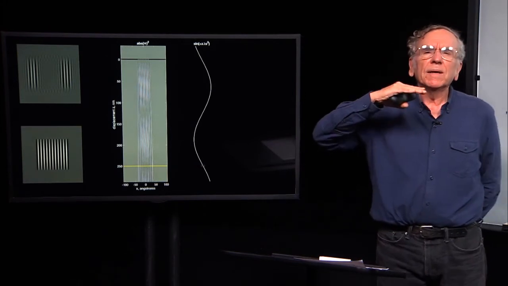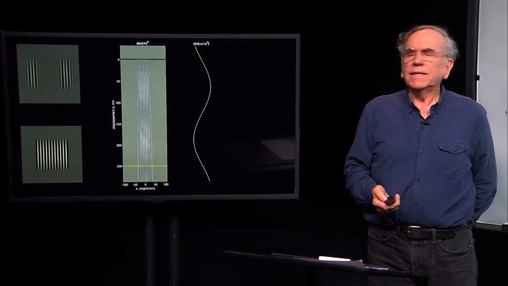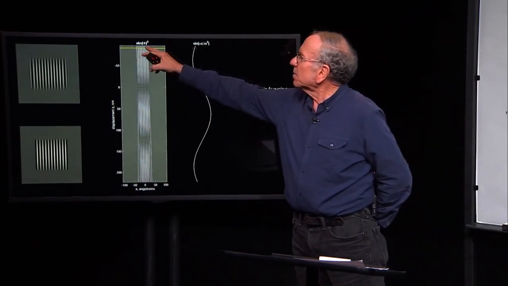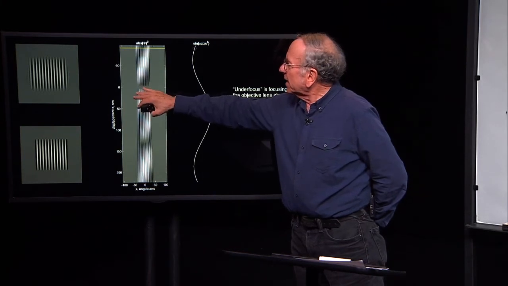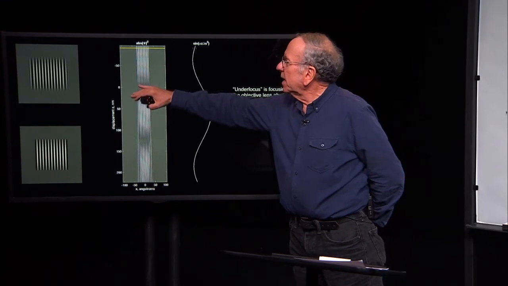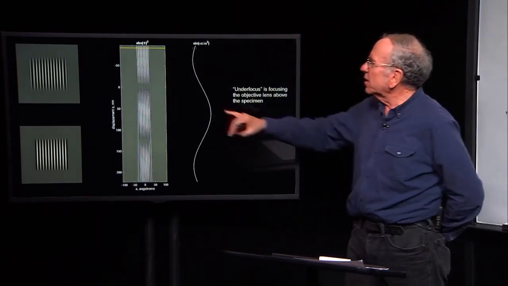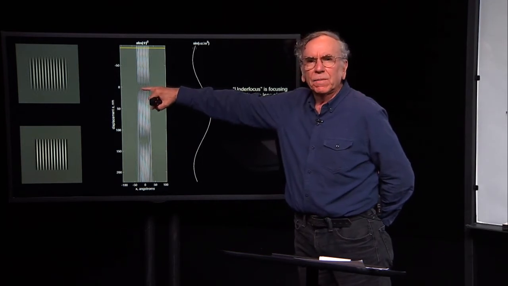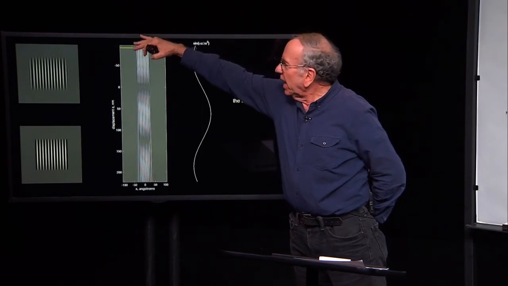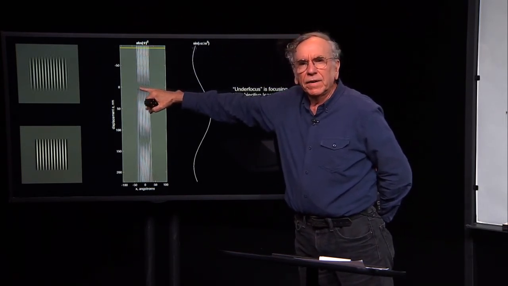If I focus the objective lens above the specimen, what am I going to see? Well, it turns out that the objective lens will think that the wave fronts that it sees from below the specimen just continue up above the specimen. So what I did in the simulation was I just ran the simulation backward, saying what kind of wavefront would exist above here if it gave rise to exactly the wavefront that I see here.